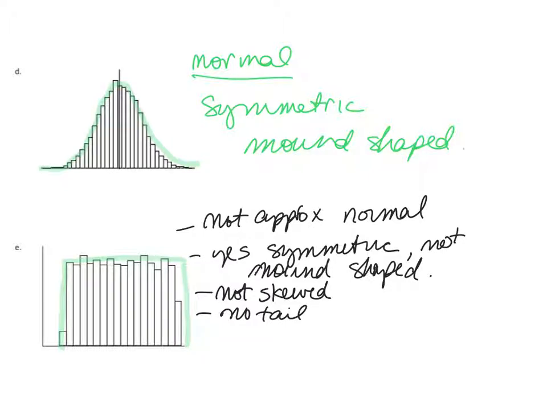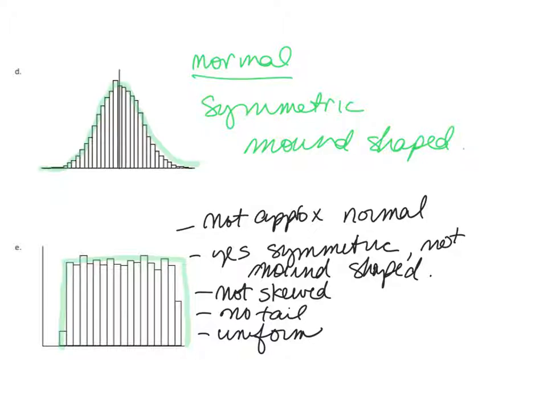Okay, these are all things I'm just looking at the shape and noticing. I would describe it as uniform. I can't think of anything else to describe it as, right? Okay, but we can definitely say not approximately normal.